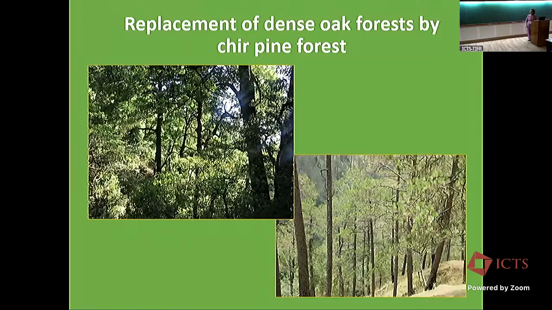One of the big issues in this part of the Himalayas in Uttarakhand is the replacement of dense oak forest by chir pine forest, which means that a very structurally complex and species-rich system is being converted to pine, which, as you can see, is made up of only pine trees with a few things in the understory. Right? And so this is very important.